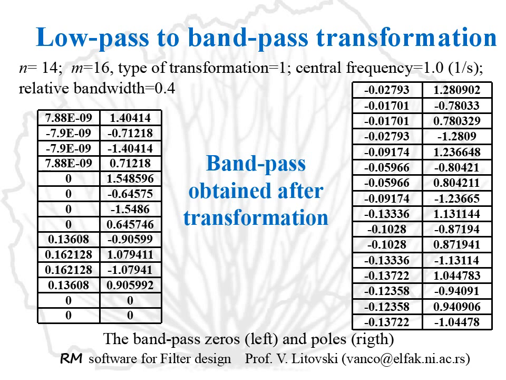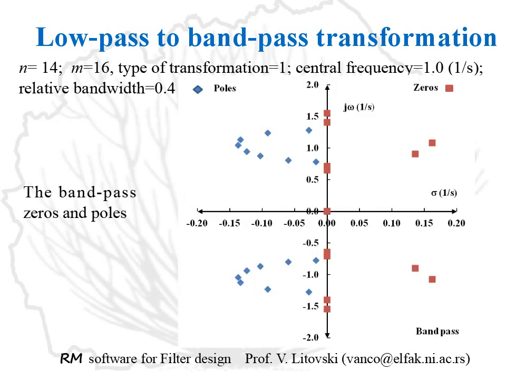The bandpass filter obtained by this transformation is now 16th order with 14 transmission zeros. In this case, we used a central frequency of 1 radian per second and a relative bandwidth of 0.4. Everything is doubled, as you can see from the numbers.